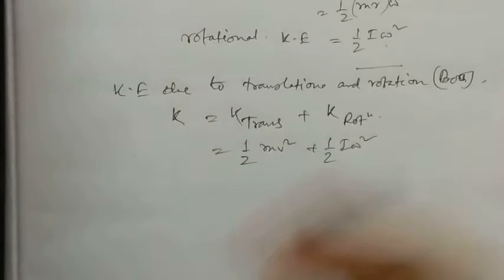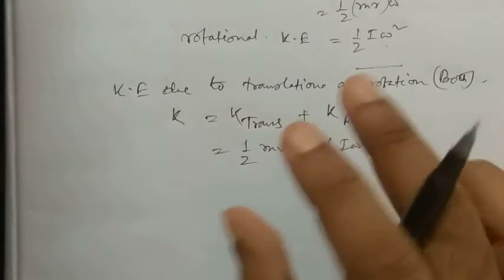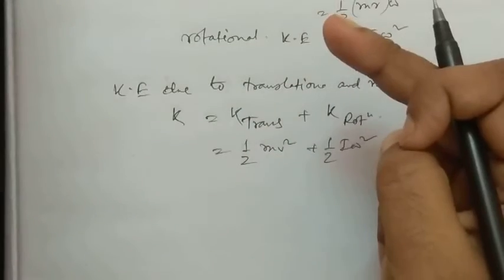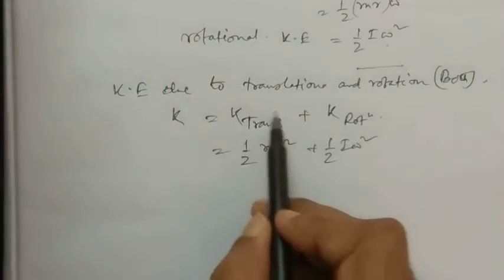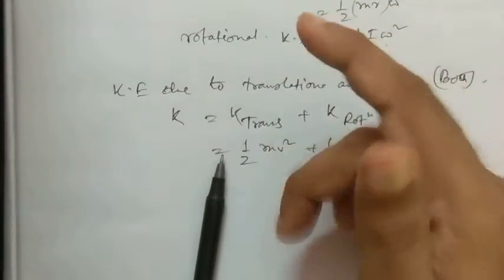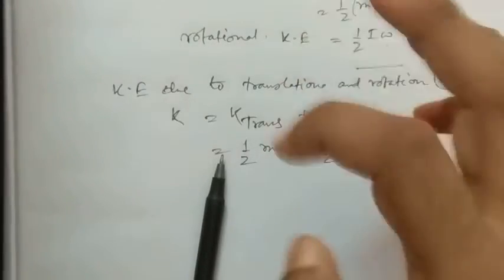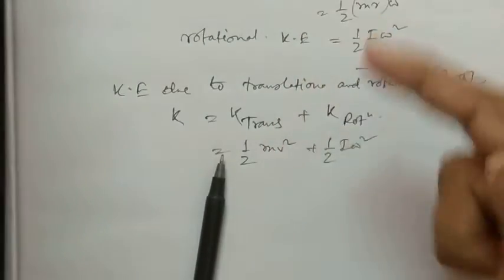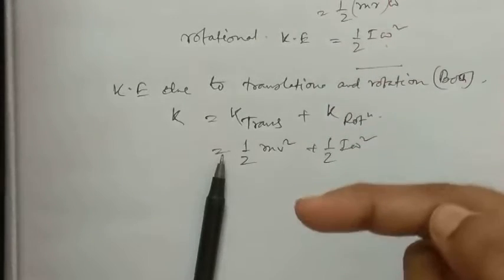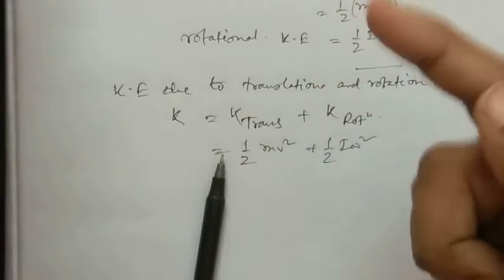A vivid, clear example you can get from cricket, spin bowling. Now when a bowler spins a ball and throws it towards the batsman, he gives a translational kinetic energy, and he also spins the ball with his fingers. When his finger rotates on the ball, it starts to spin or rotate, and while moving forward in the direction of the batsman, the ball is also rotating.